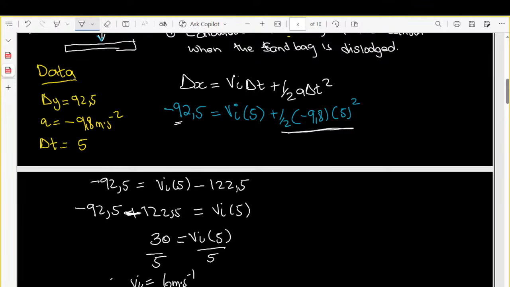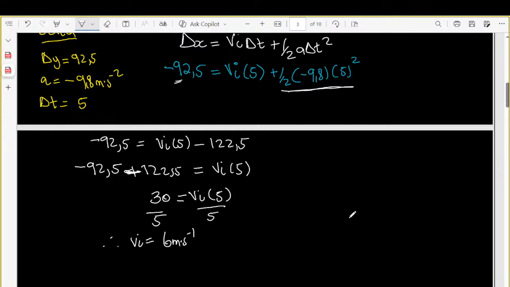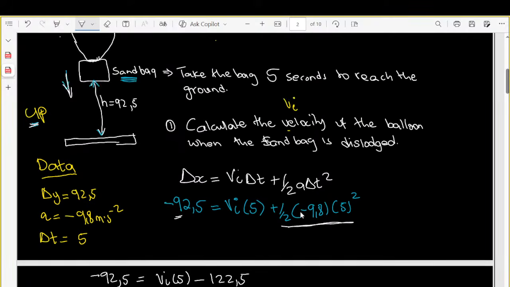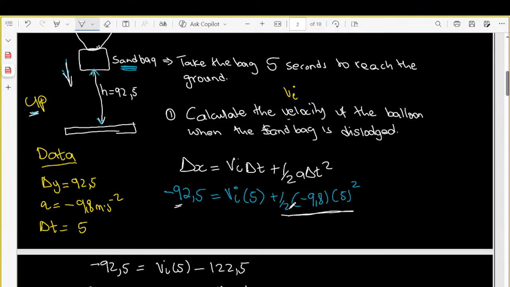Now, we also need to consider giving the direction. This is 6 meters per second upwards. Okay? The most important thing to know is that the acceleration will act downward, which will be minus 9.8.